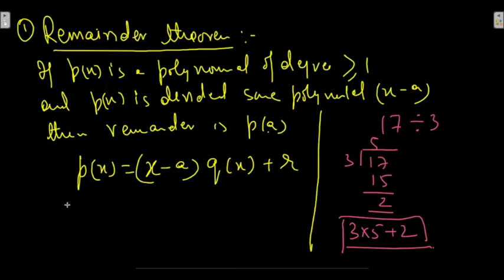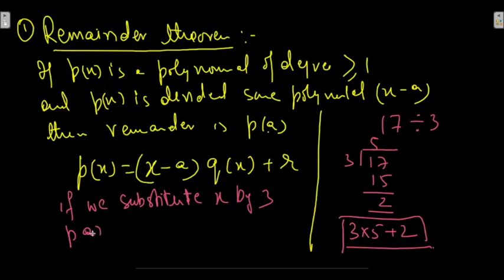Now here, if we substitute x by, sorry, not 3, a, we are going to find p of a. Then p of a is equal to, we substitute x by a, so this becomes a minus a into q of a plus r.